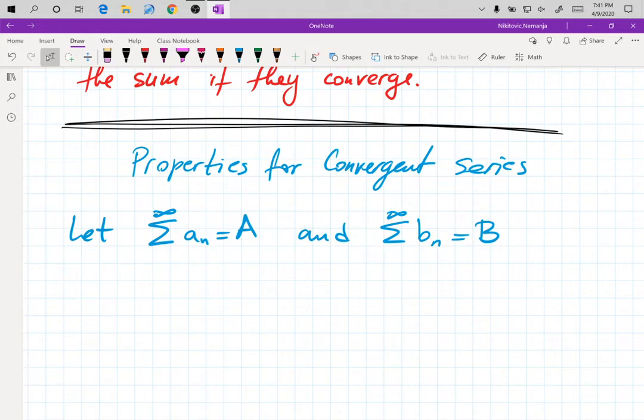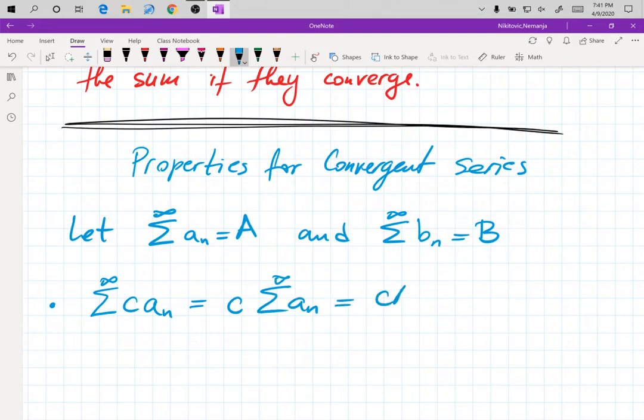What do we know? We know that summation of C times an is going to be C times A. So you can kick the constant outside. Wow, what a surprise, right? We had this everywhere. You can kick the constant in front of the integral, in front of the derivative, in front of the limit. You can kick the constant in front of the sum as well.